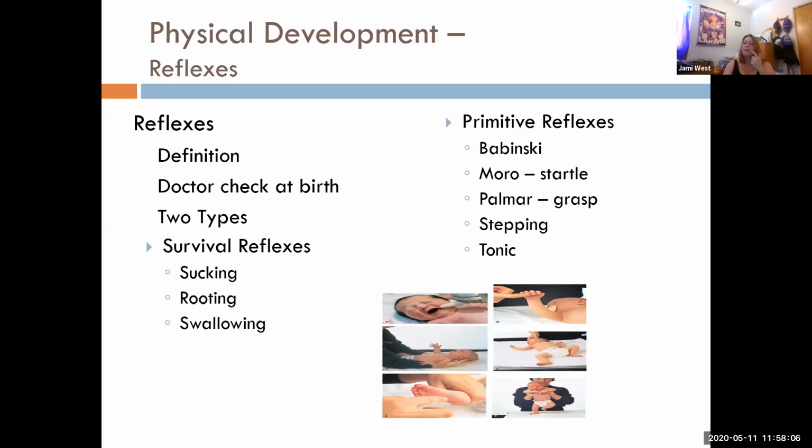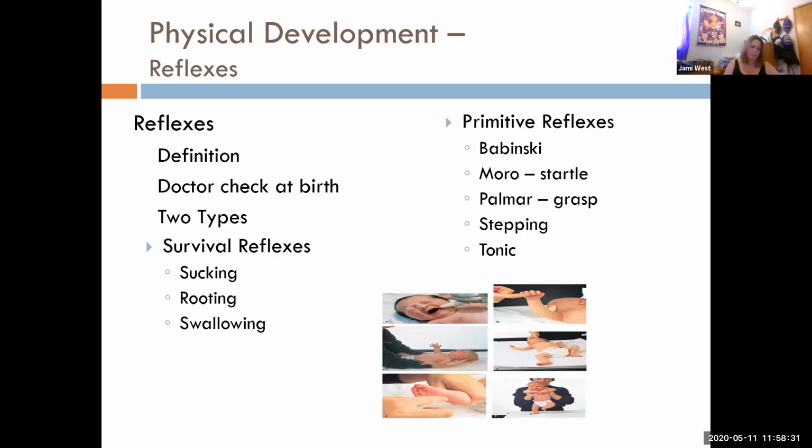If you touch an infant's cheek, they go for it. They look for food. That's called rooting. That usually disappears around 3 or 4 months. Swallowing is another reflex needed for survival that babies are born with.